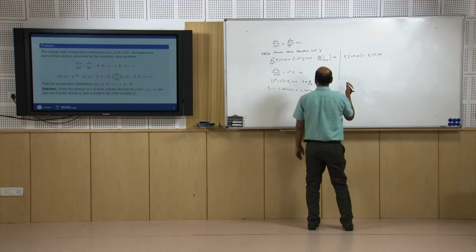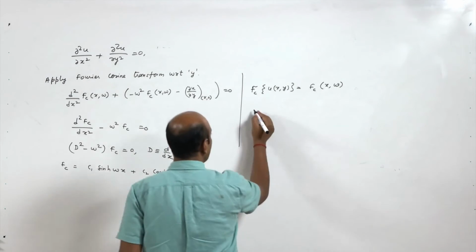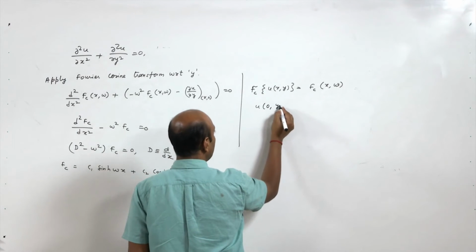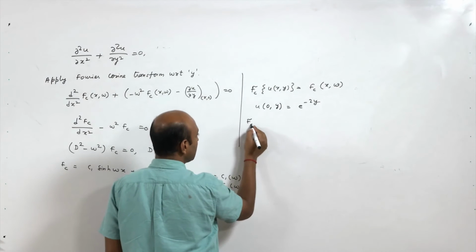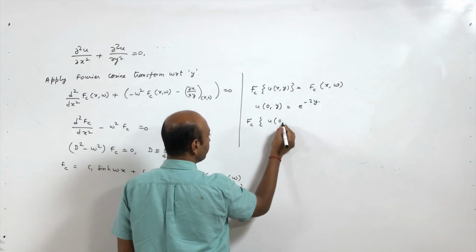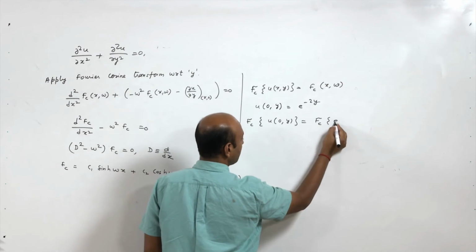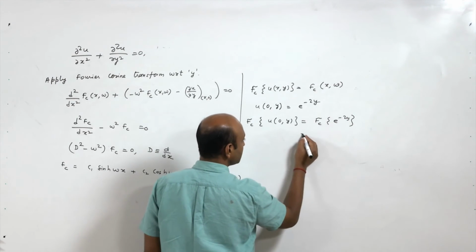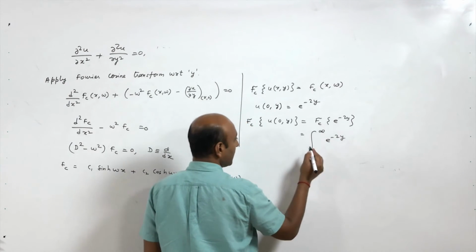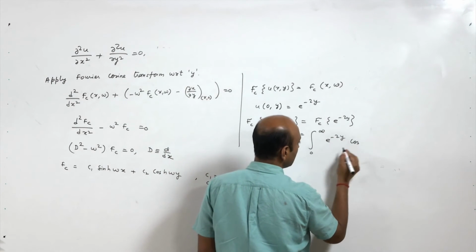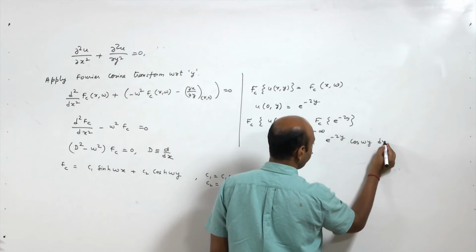Now, use the conditions. The condition is u(0, y) equal to e to the power minus 2y, given to you. You apply the Fourier cosine transform on both sides. So, it is the Fourier cosine transform of e to the power minus 2y, which is the integral from 0 to infinity of e to the power minus 2y cos omega y dy.